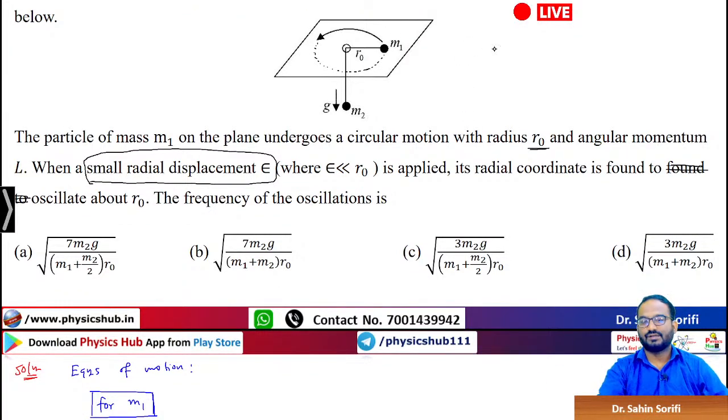As per Newton's second law, force is equal to mass times acceleration. So here acceleration is what? If you consider r to be the radial coordinate, acceleration will be r double dot. So m1 r double dot is the effective force acting on the mass m1.